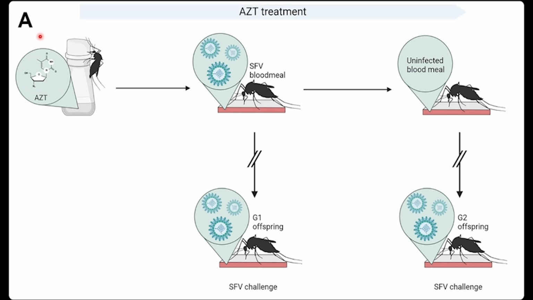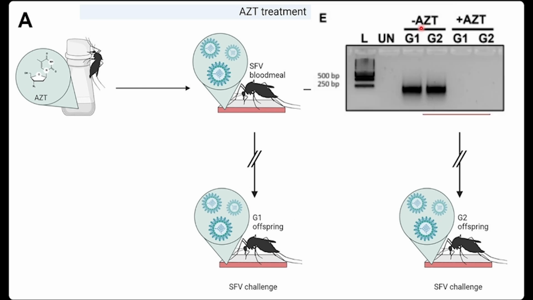Someone with AIDS might be treated with AZT in order to reduce viral activity, and it reduces all transposon activity pretty much. They're able to see within the challenges that they react the same way, so they are reinfecting the second generation with SFV to see if they're still immune or not. And then this is the transgenerational check.